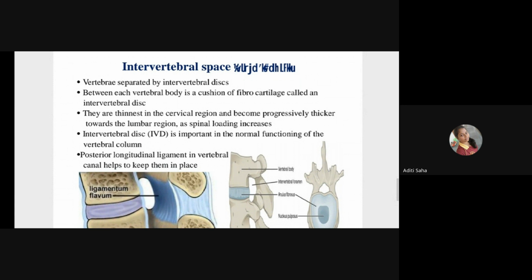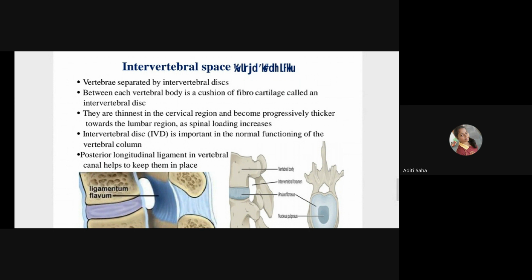Sacral region you cannot find because it is fused. In between fused bone it is not present. It is present in between single vertebrae. So it goes on getting thicker progressively.